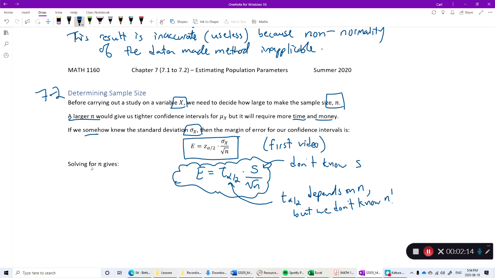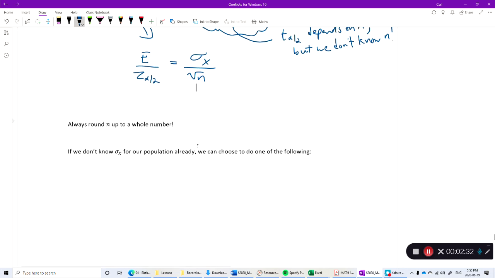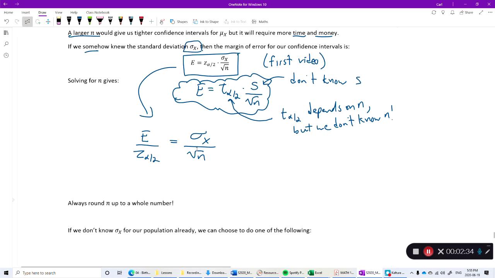Now, if we take this and solve for n, what happens? Let's say I divide both sides by z alpha over 2, the critical z value. What do I get? Sigma x over square root of n equals e over z alpha over 2.